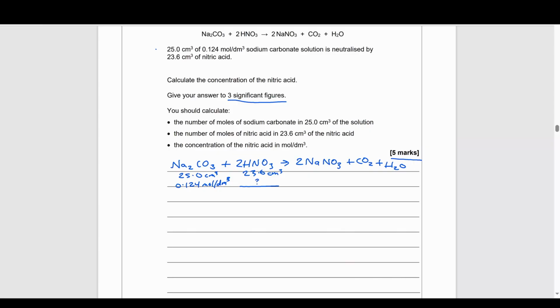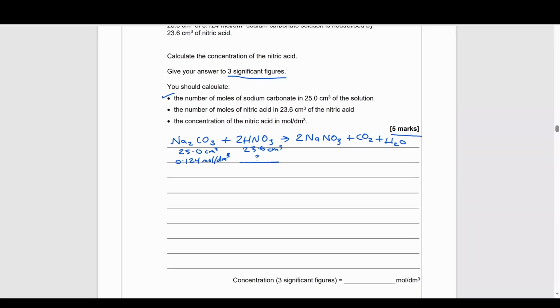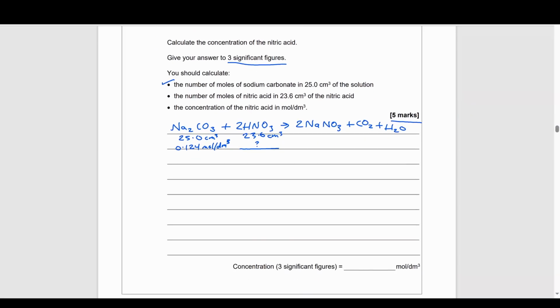Now, for us to find out how much nitric acid in terms of concentration we need, as they told us, we need to find the number of moles. So we're going to start by trying to find the number of moles. So for us to find the number of moles now, we need to use the equation. Number of moles is equal to concentration multiplied by volume.